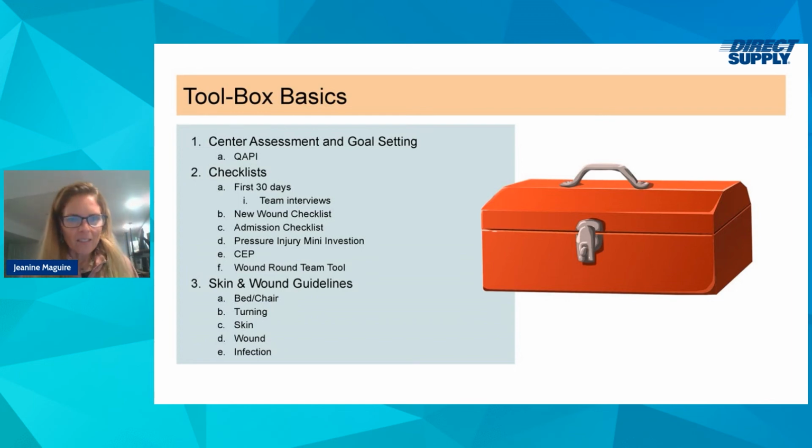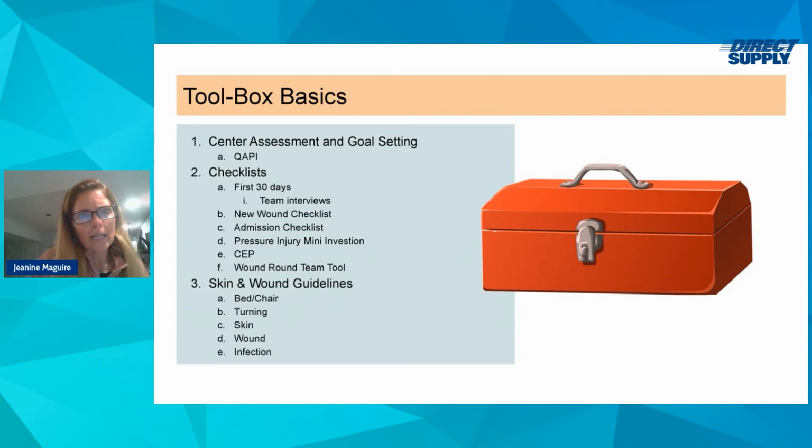You want to have checklist guidelines for your staff and for your team, what they do for skin on admit, for the first 30 days, how they work together, what happens when there's a new wound, and so forth. You also want to have guidelines, and I suggest you work with your vendor on this. Whomever your vendor is for your formulary, you need to have guidelines so your staff and the team know, what do we pick for the bed and chair? What are the options we can offer to our resident?